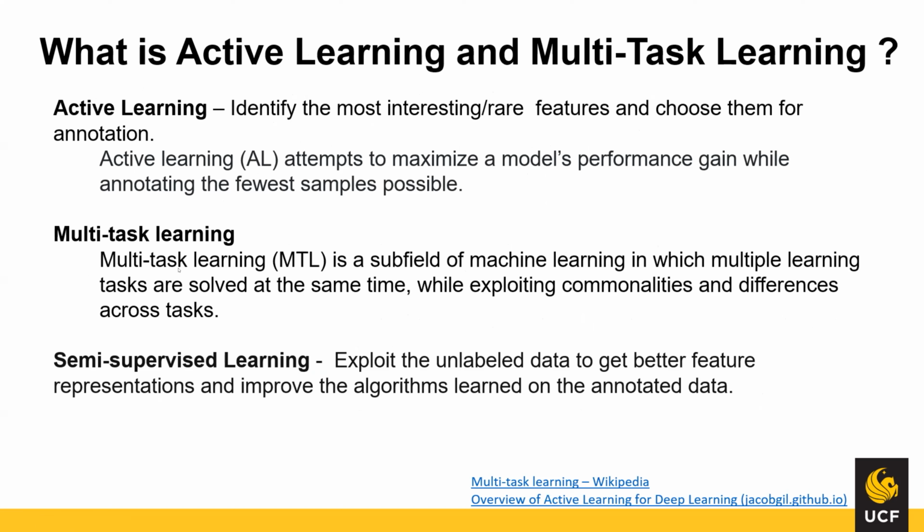And then going into multitask learning, all it is is that multiple learning tasks are solved at the same time, while exploiting the commonalities across these different tasks. And then finally, they use semi-supervised learning to exploit the unlabeled data to get better feature representation and to improve the algorithm learned on the annotated data.